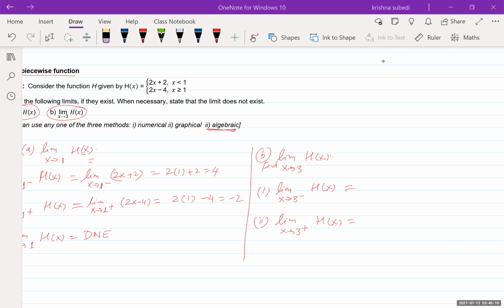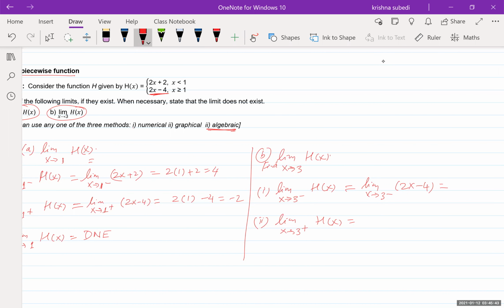Okay, guys, you already got the answer, which is 2, but let me show you how you got 2, okay? x is a little bit less than 3. A little bit less than 3 means it must be the second piece, because we are talking about very close to 3. So the second piece is limit x tends to 3 minus of 2x minus 4.